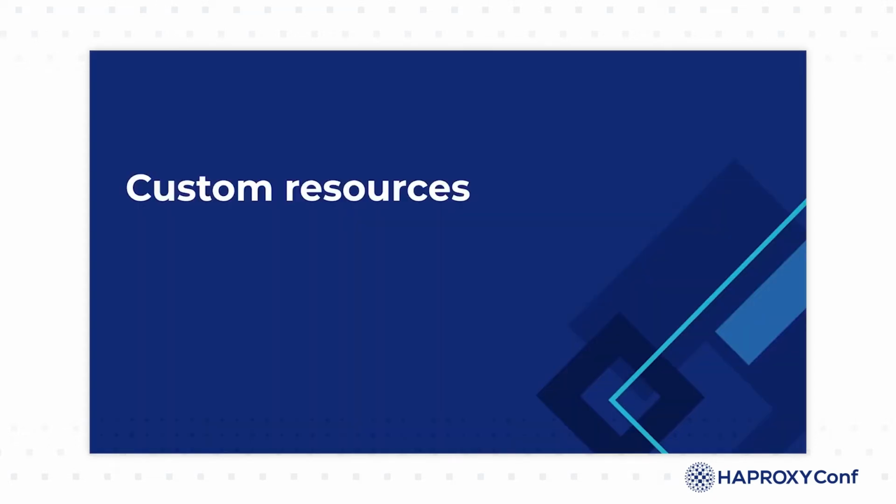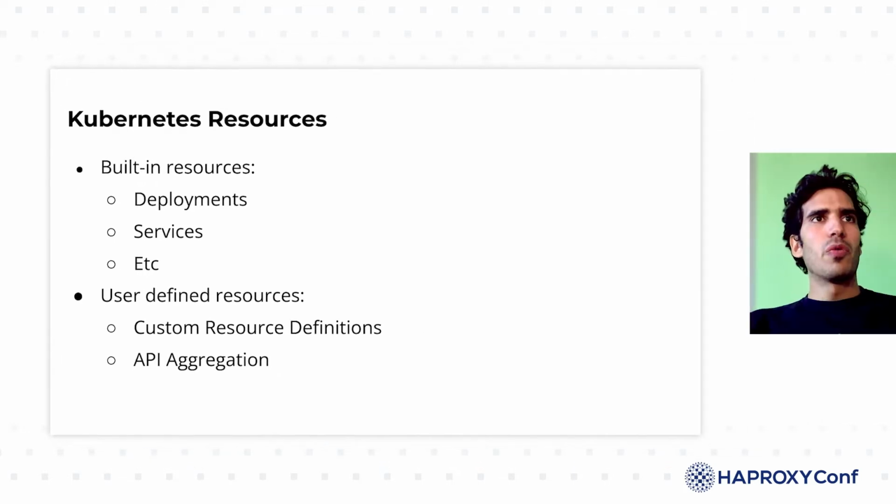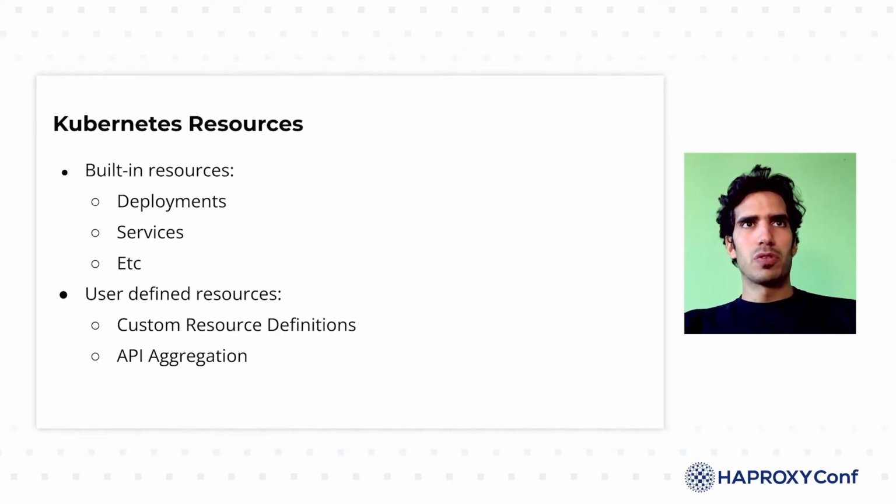So that's why we have thought about a different input type, which is custom resources. And to understand custom resources, we can talk first about built-in resources. These are resources available by default in a Kubernetes cluster.